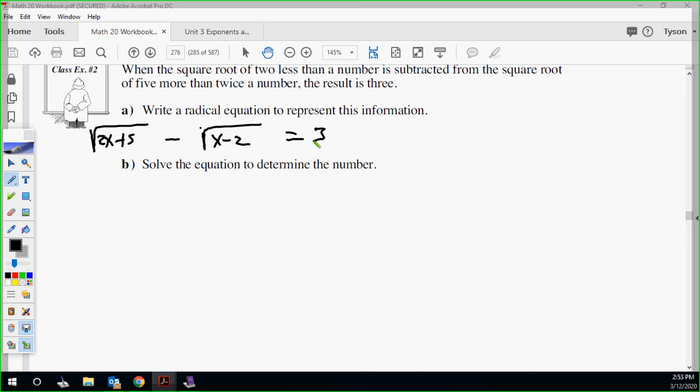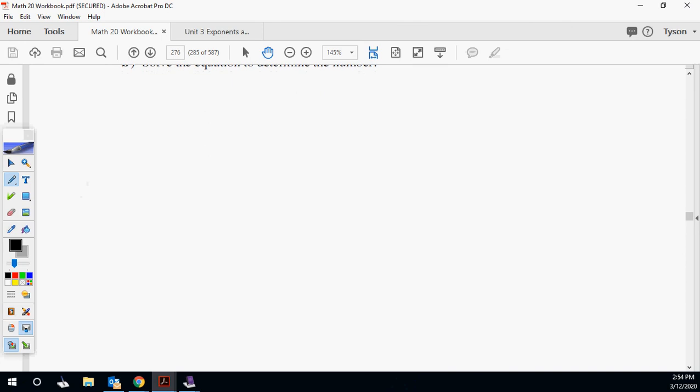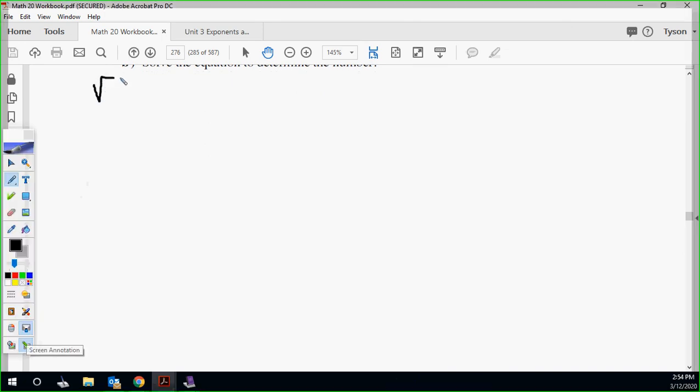Okay? All right, so I'm just going to push it up here. I'm going to rewrite this, just push it up so we have some room here. So we have the square root of 2x plus 5 minus the square root of x minus 2 equals 3.